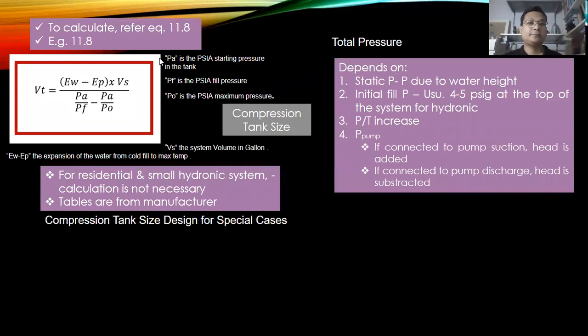Okay. For compression tank size, we can design it using this formula, by the parameters of the pressure and also the volume of the fluid we want to operate in our design.